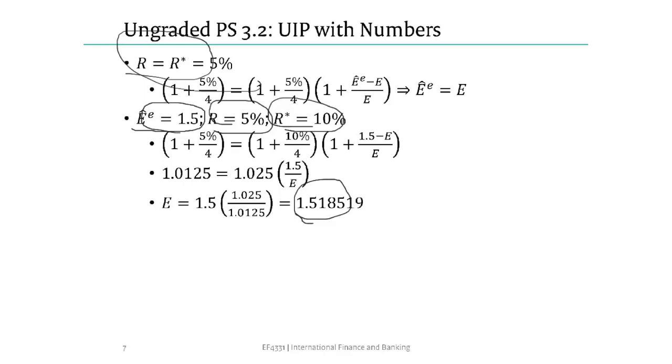If that's the case, then obviously at any time horizon, E hat E must be equal to E. And therefore, interest rates in Hong Kong must move in parallel with the United States. This must be true if they were to maintain a pegged exchange rate.